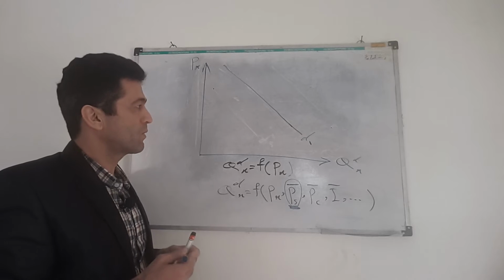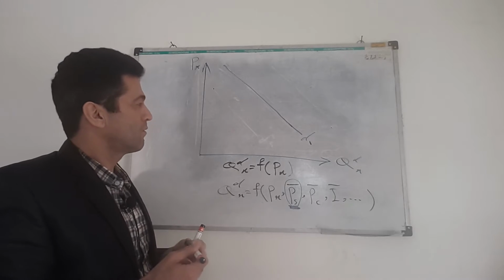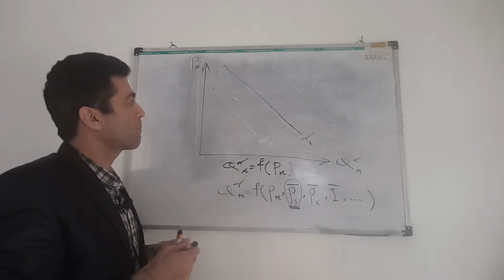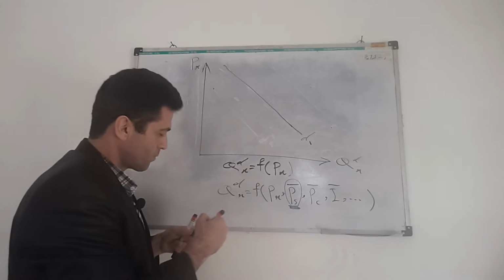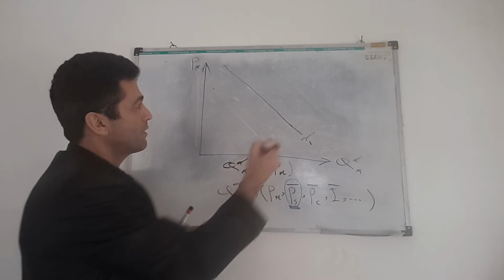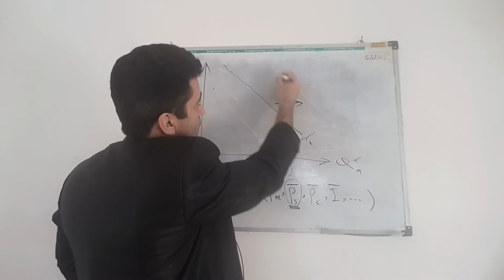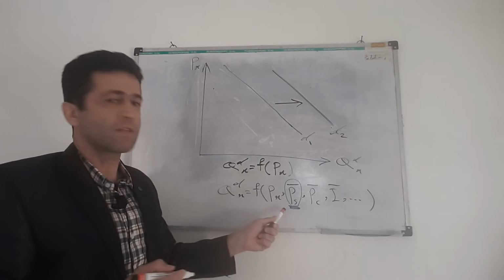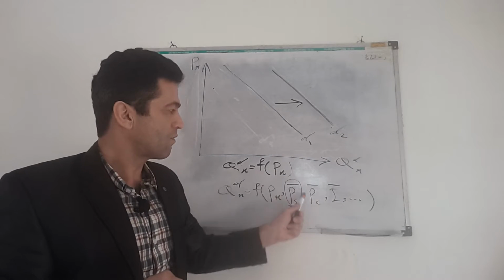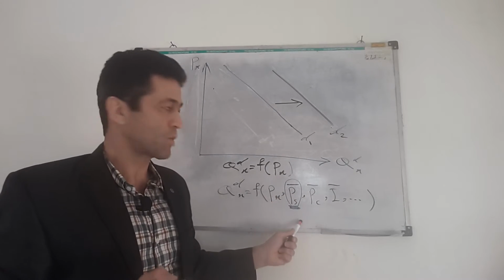In fact, an increase in demand will happen for sugar. So the demand curve for sugar will shift to the right side from D1 to D2 because of the increase in the price of chocolate as a substitute good.